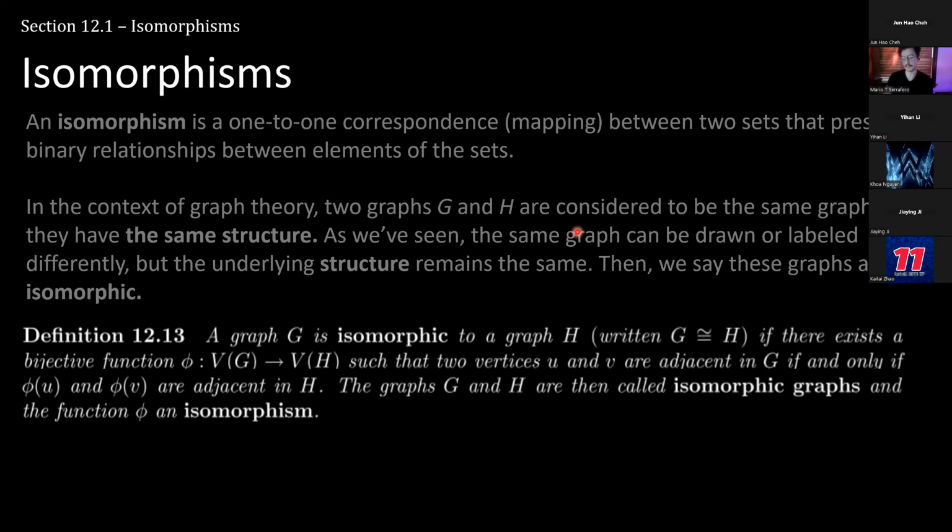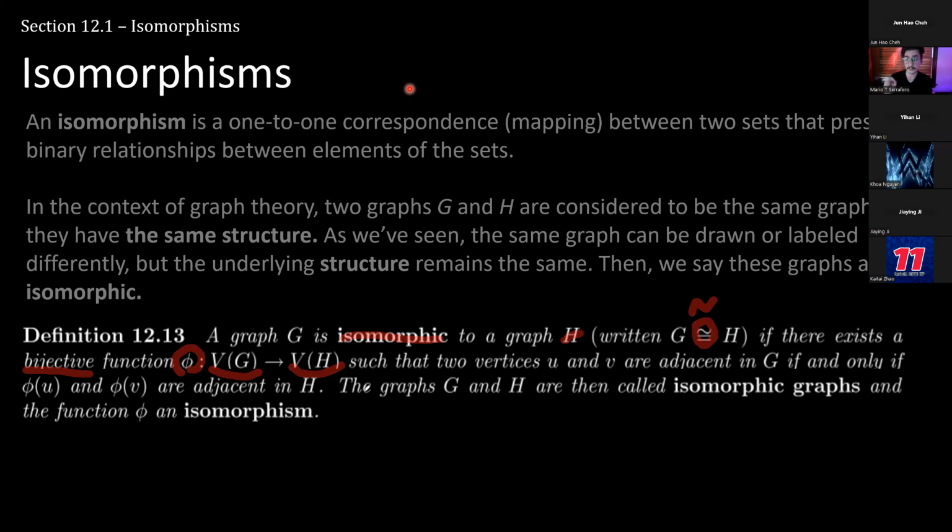So there's a formal definition, which is very much worth going over. We say that a graph G is isomorphic to a graph H, and we write it in this way with this equal sign with a tilde at the top, if there exists a bijective function, and we can call it phi, that maps the vertices of G to the vertices of H. So it's a correspondence. Think about a function.